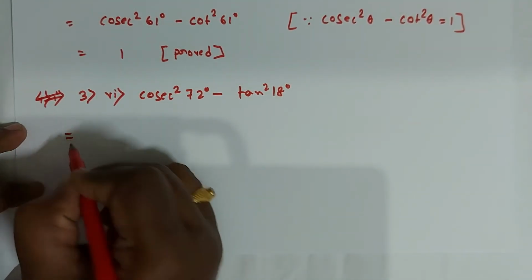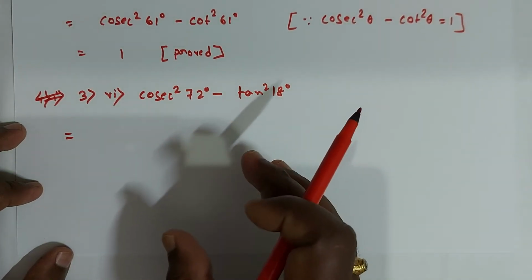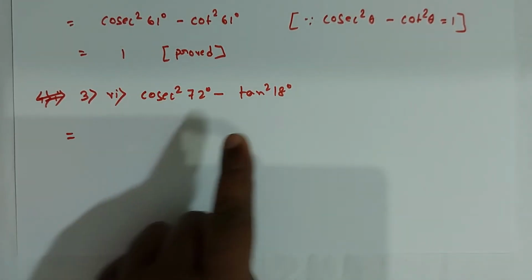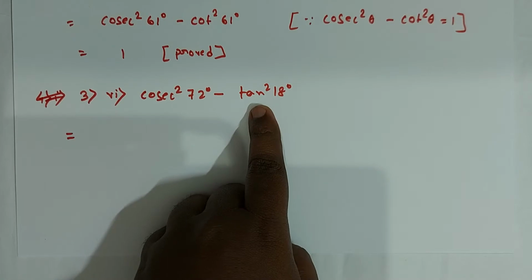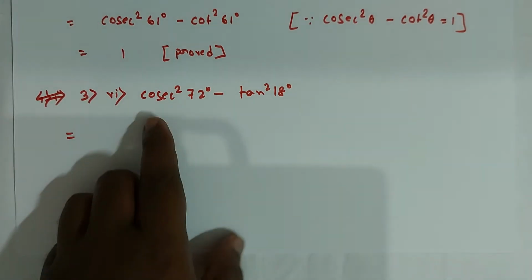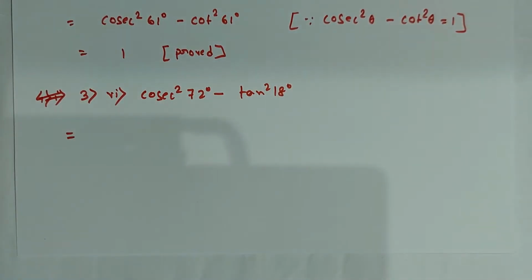So again, if you look at the question properly, here we need to apply two formulas. First, the complementary angle formula, that is either we will convert cosec theta into sec theta, or this tan theta into cot theta, so that we can apply the formula cosec square theta minus cot square theta equals 1, or if we convert cosec into sec, then it will be sec square theta minus tan square theta, which is 1.